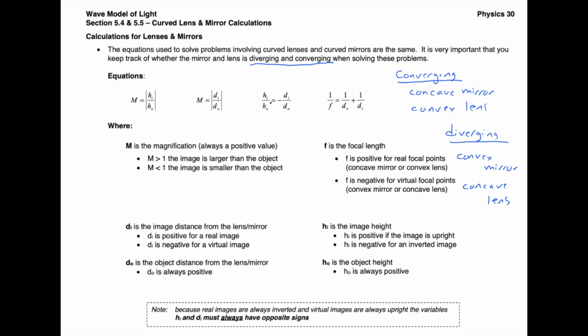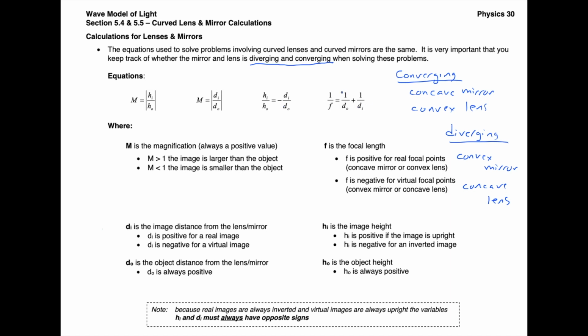If I take the ratio of the image height to the object height and compare that to the image distance to the object distance, we know those are going to be the same because the magnifications have to be the same. So if your magnification is the same, those two ratios should be the same as well. But my hI and dI are going to end up having opposite signs, so when I'm using this formula, I do have to insert a negative sign overall.